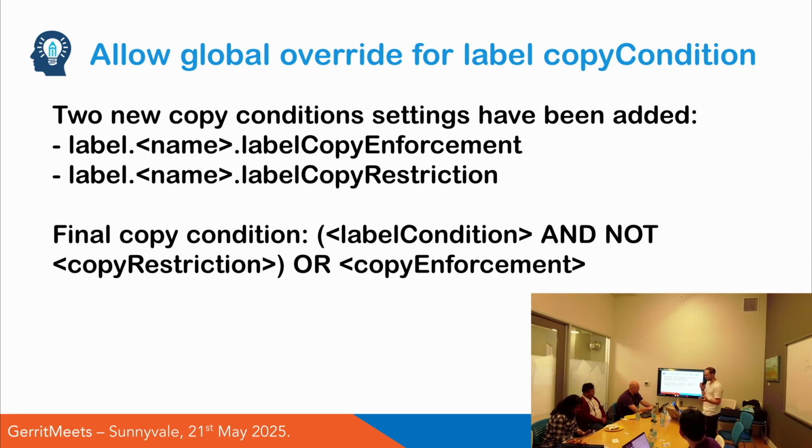Or similarly, the label copy restriction could be used for making sure that only trusted contributors are allowed to submit changes without reviewers reconfirming that their comments have been addressed. There are quite a few things you could use this for. It gives the admins more flexibility on how the labels are going to be copied over to the next patch set.